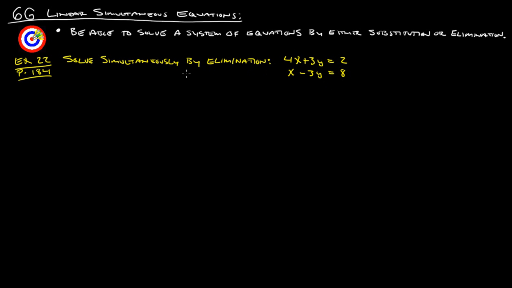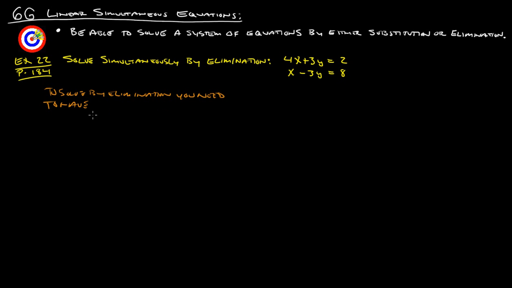On this one here, what we're going to do is add the two lines together to try to get rid of one of the variables. So what that means is, to solve by elimination, you need to have one set of the variables be opposites.